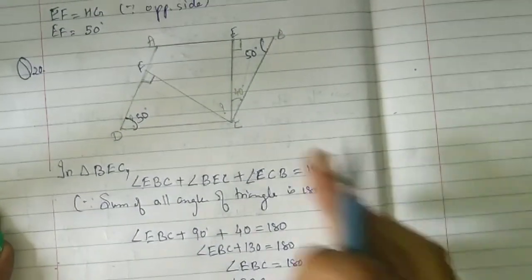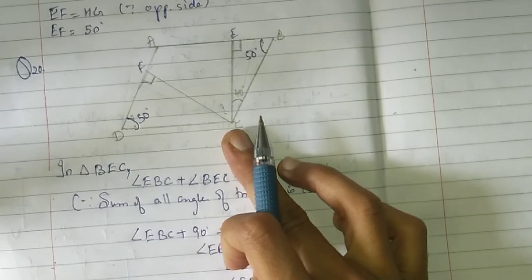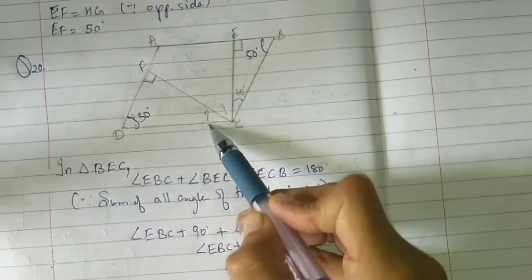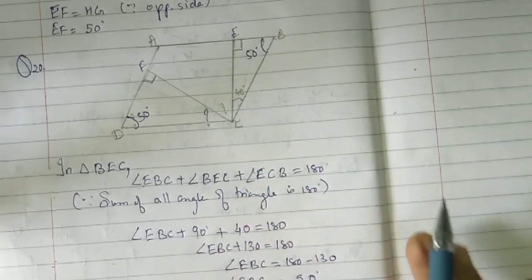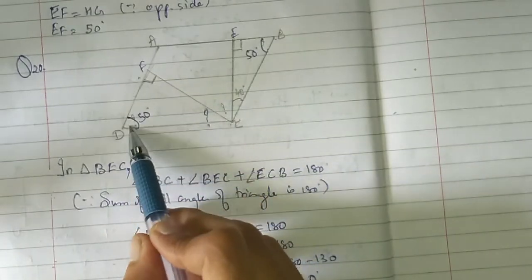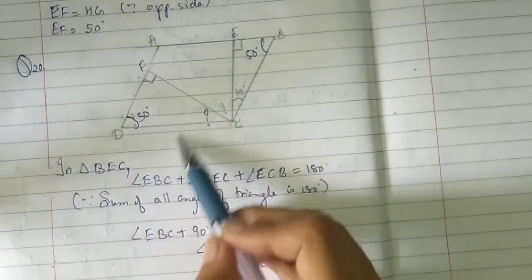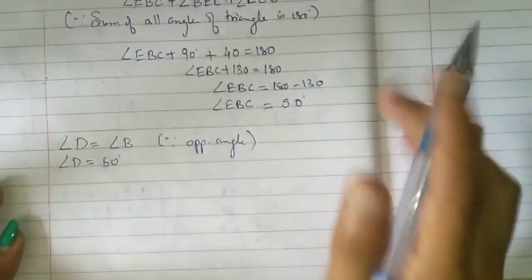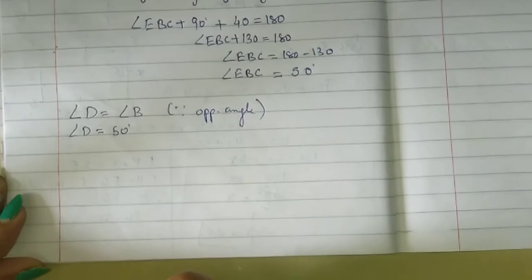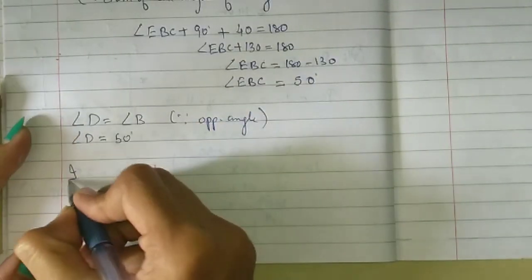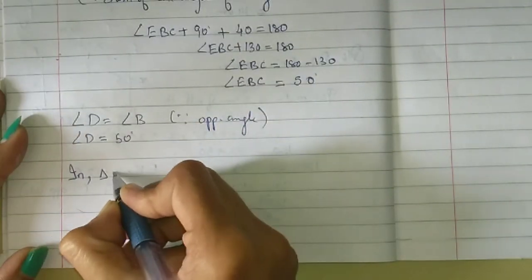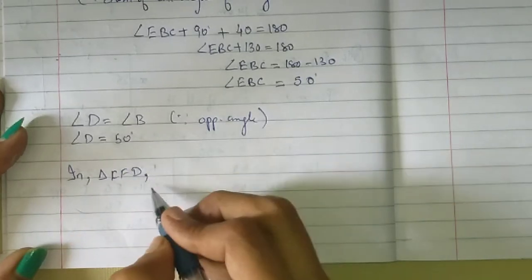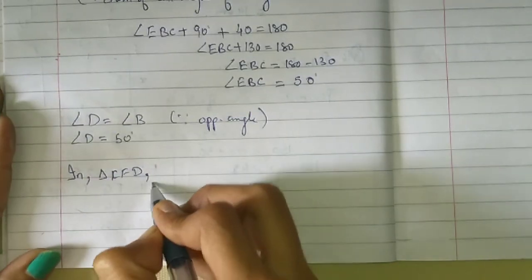Now what do we have to do? We have to find out angle C. So first of all we will find out this angle. Just see how in triangle CFD we can find it, the sum of angles is 180. So let us find out that in triangle CFD, which angles do we have to add?